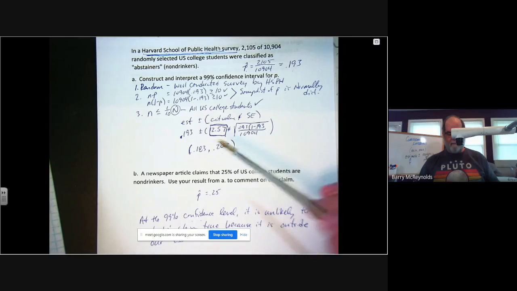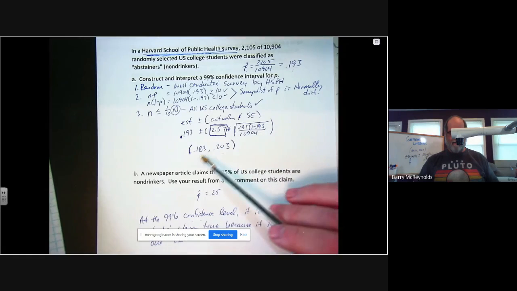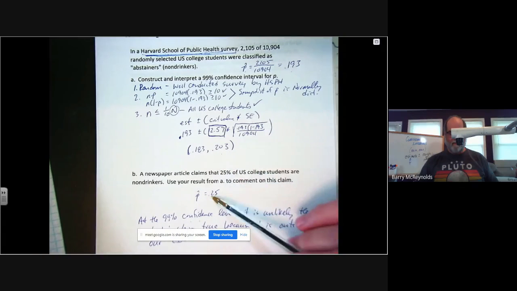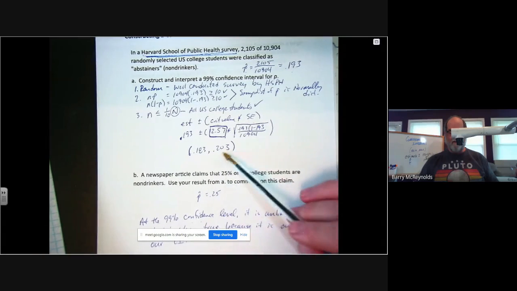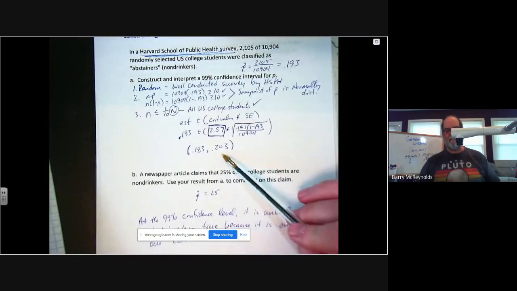And so at the 99% confidence level, I feel good that the true value is between here and here, and 0.25 is well outside this confidence interval.